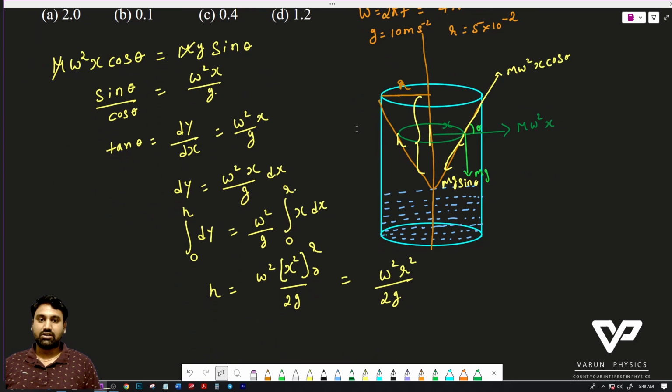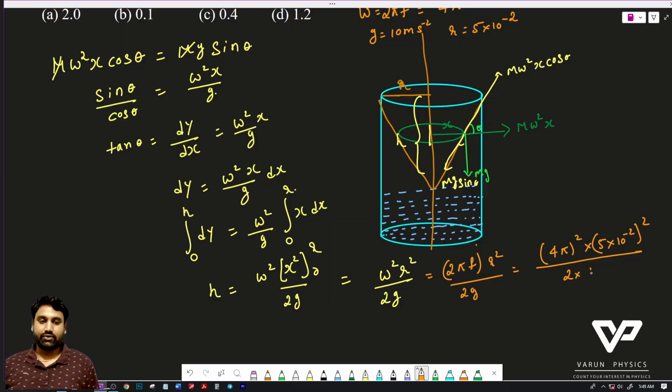So using all these things in this equation, we'll get omega square r square divided by 2g, that is equal to 4 pi whole square into 5 into 10 to the power of minus 2 whole square divided by 2 into 10.